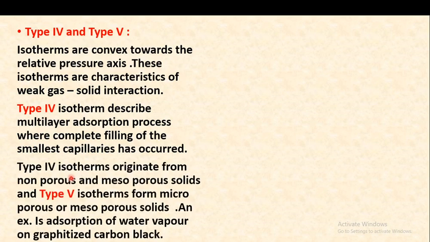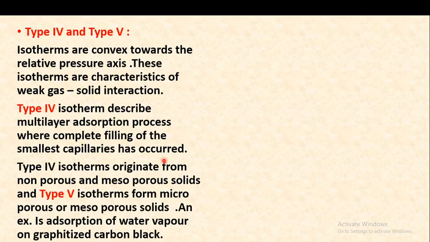And the type 4 isotherms originate from non-porous and mesoporous solid. Means the adsorbent having no pores and somewhat about the mesoporous solids. And the type 5 isotherms originate from micro and mesoporous solid. Means this is the difference between type 4 and type 5.